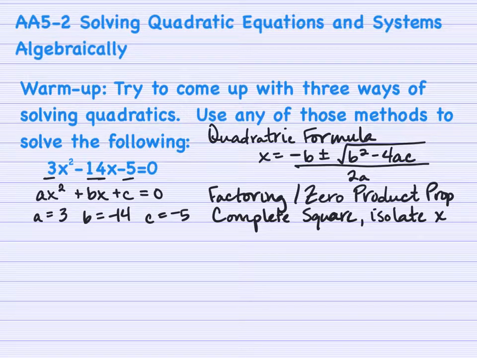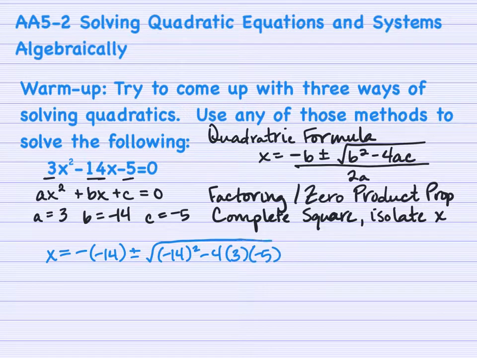So I need to make sure that when I plug everything in, it's all plugged in with the negatives in place. So that's going to be x equals negative 14 plus or minus the square root, parentheses, negative 14 squared minus 4 times 3 times negative 5, all divided by 2 times 3.